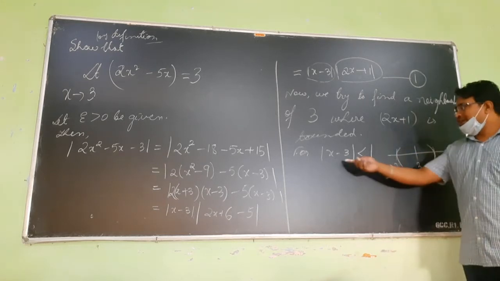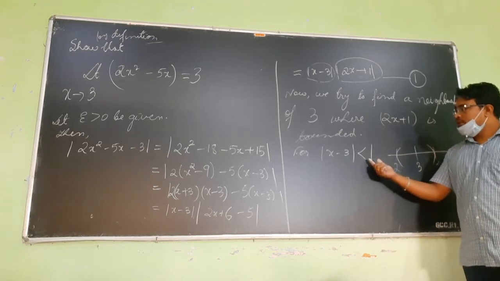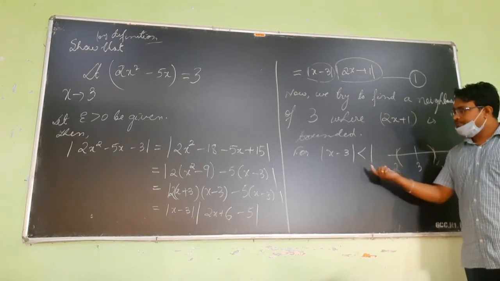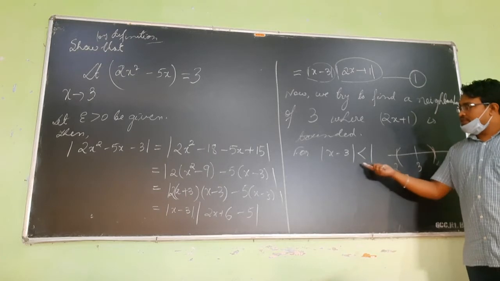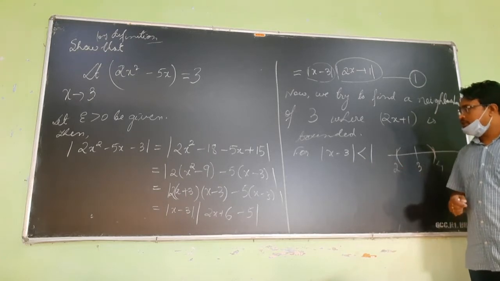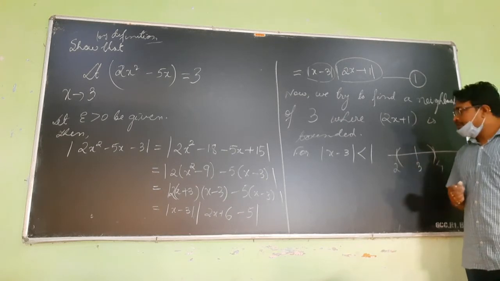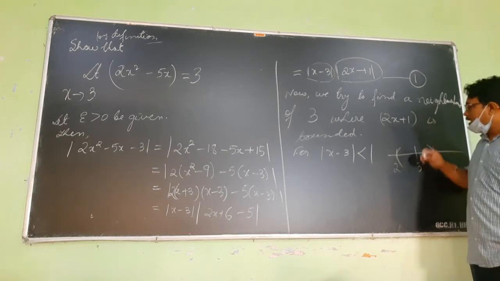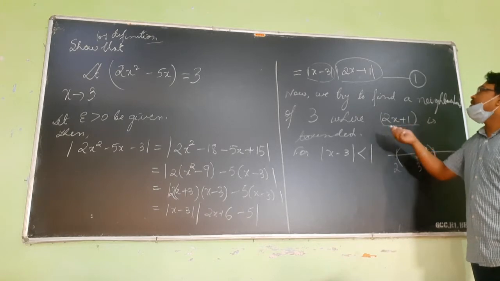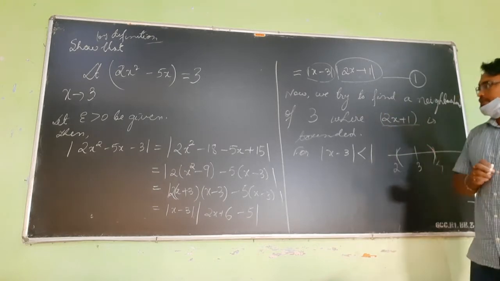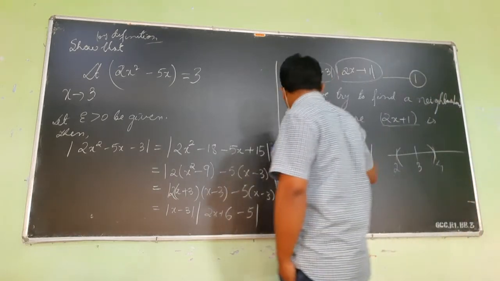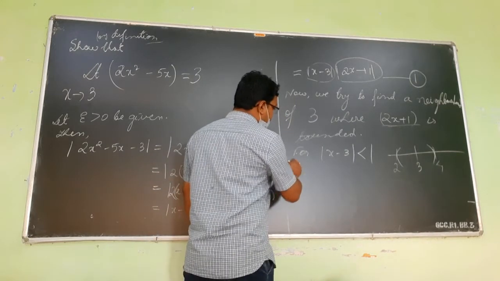Mod of x minus 3 less than 1 means x lies between which two values? 2 and 4, the open interval (2, 4). So I am considering this interval and I am trying to see whether this is bounded in this interval or not.